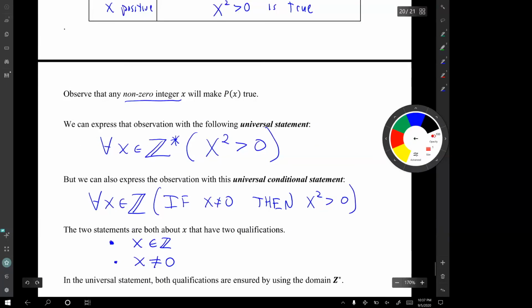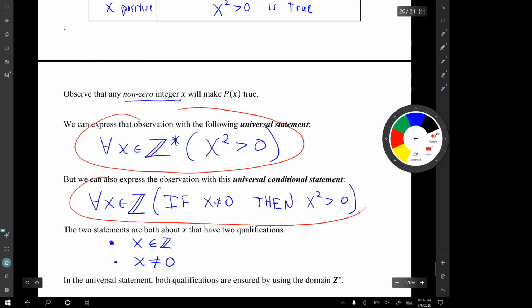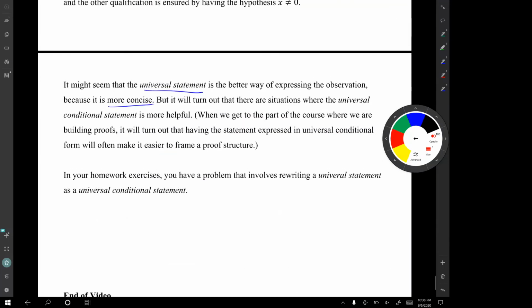This sentence has a lot less clutter in it than this one. Usually in math you want to be as concise as you can because clutter doesn't help. But there are situations where the universal conditional statement is actually more helpful. When we get to building proofs, having the statement expressed in universal conditional form will often make it easier to frame a proof structure.